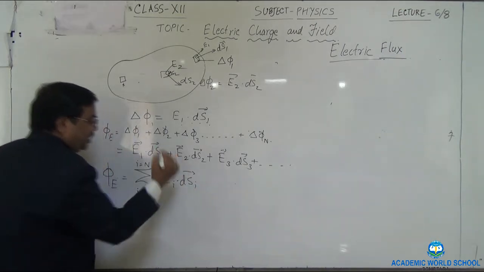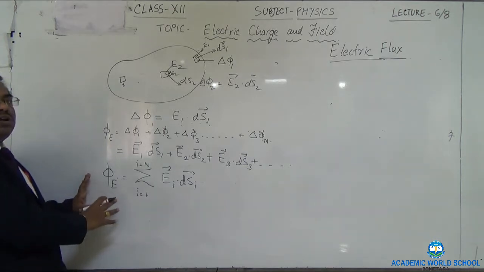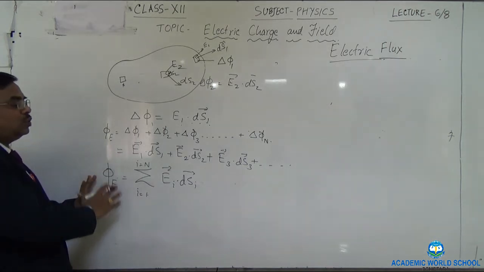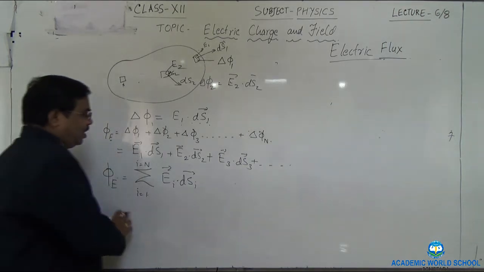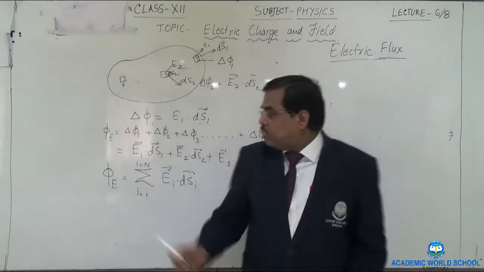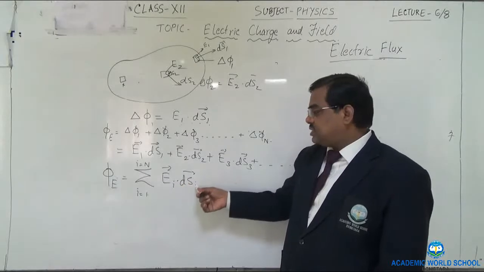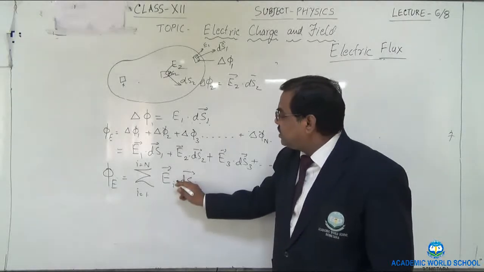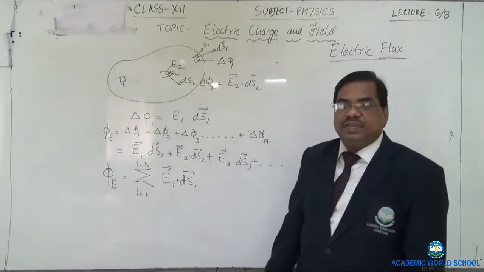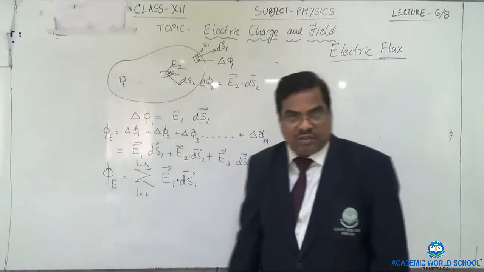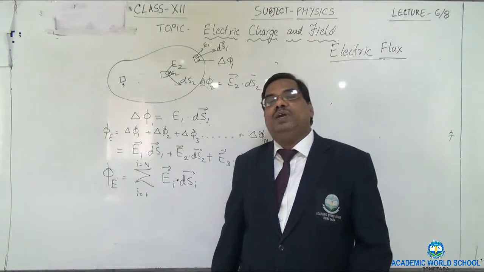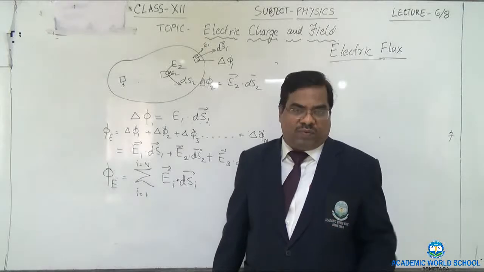Both are vectors. So this is your formula for the total flux. The total flux is sigma Ei dot dsi. Between them there is a dot product, that is E ds cos theta. So this is how you will be able to calculate total flux.